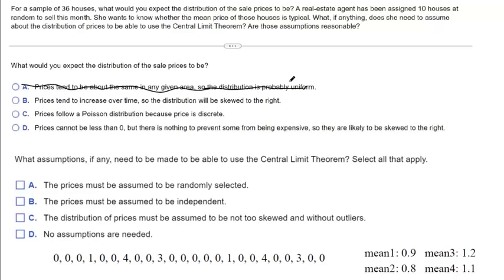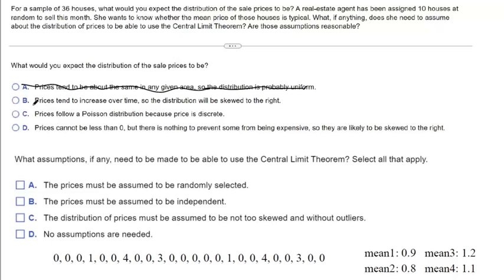But in the community I live in, the house next to me is almost abandoned. There's a house two houses up that's really nice, way more expensive than my home. So not uniform in most communities. B, prices tend to increase over time, so the distribution will be skewed to the right. Now that's true, except there are sometimes market downturns, right?